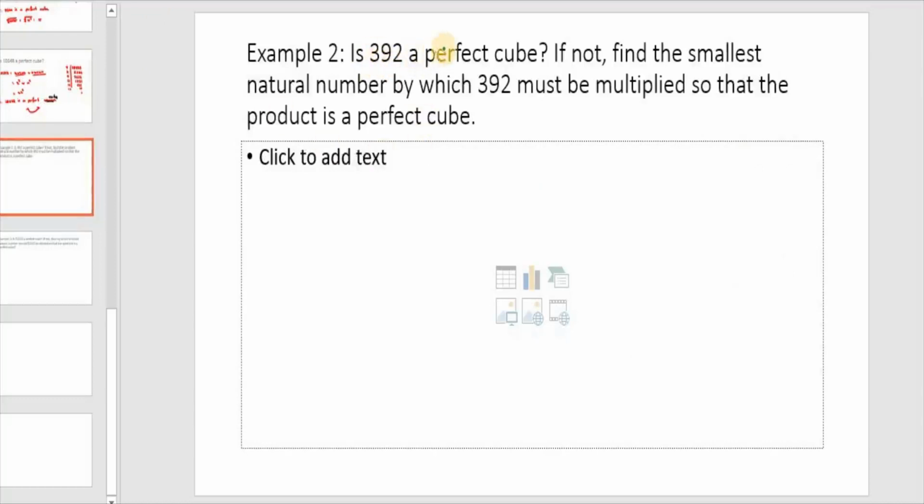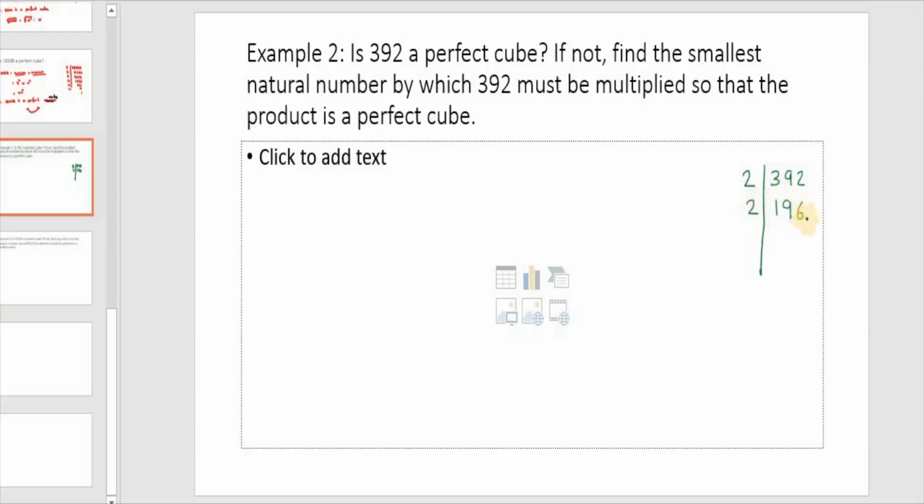Okay, so is 392 a perfect cube? First we find the prime factors of 392. Let's divide. The last digit is 2, so we can divide 392 by 2. We get 196.